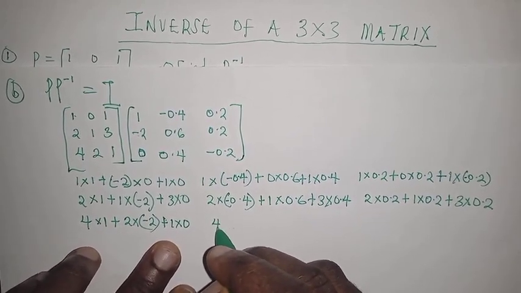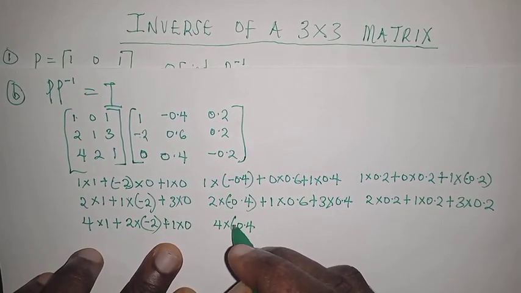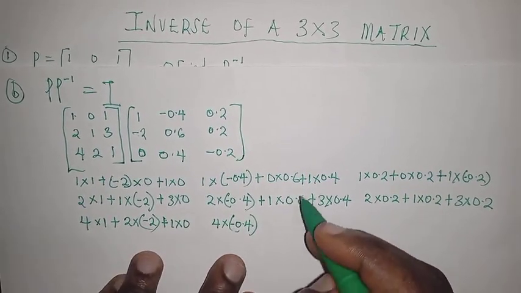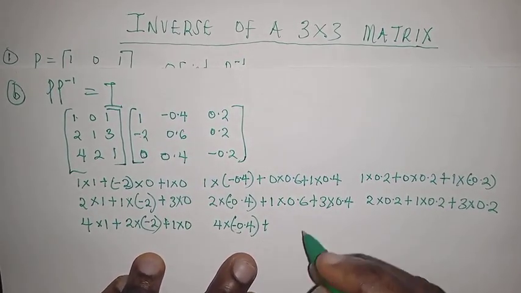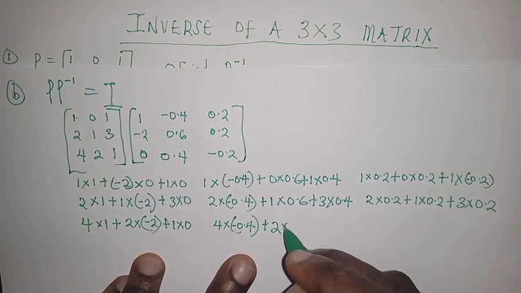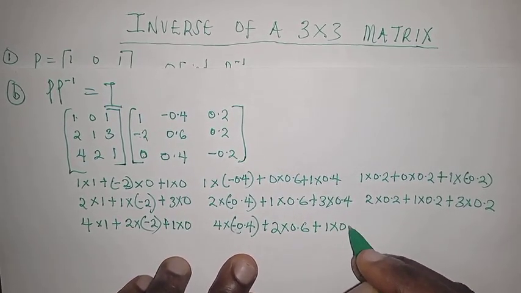Also, 4 times minus 0.4 plus 2 times 0.6 plus 1 times 0.4.